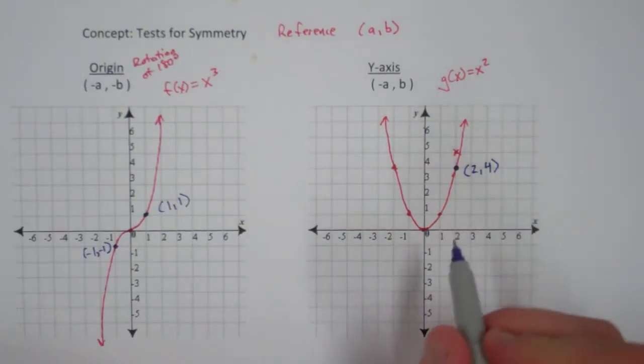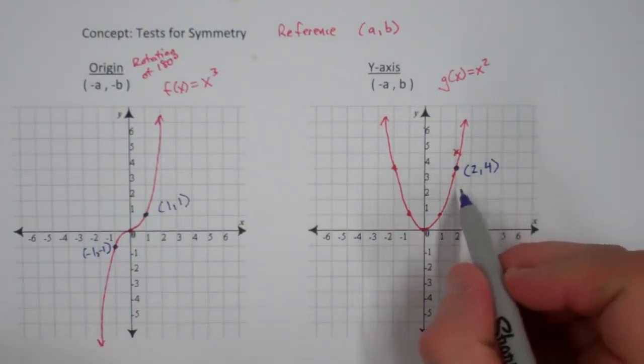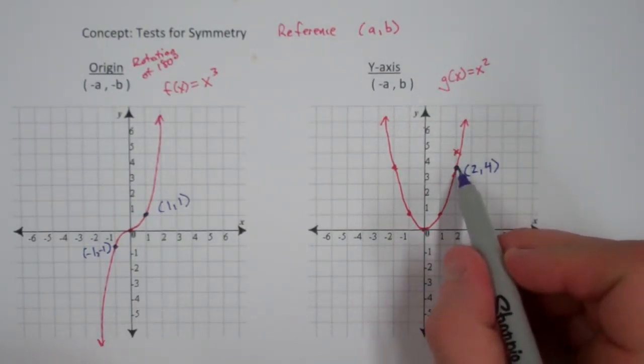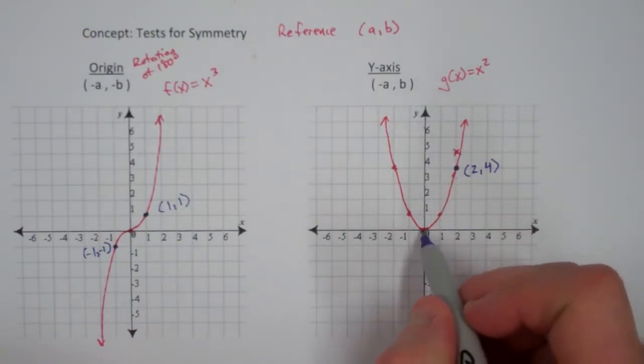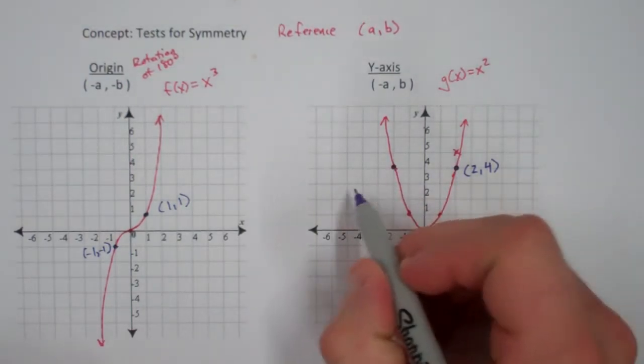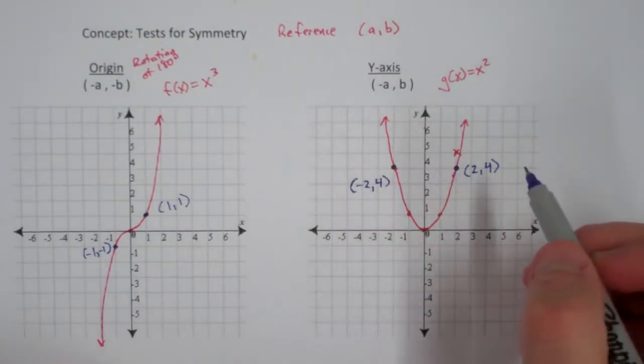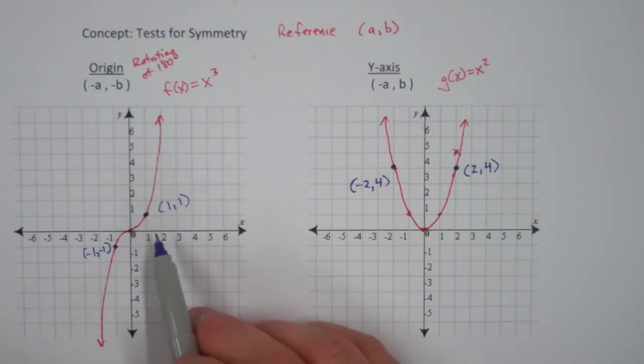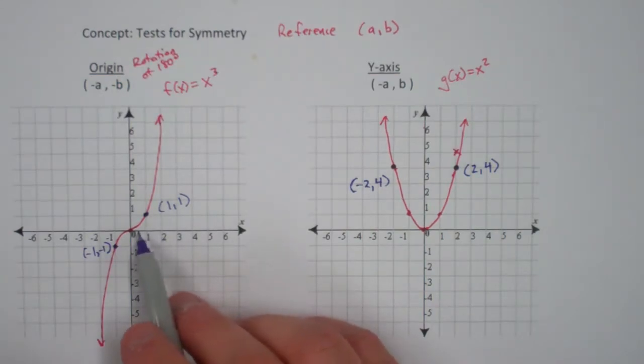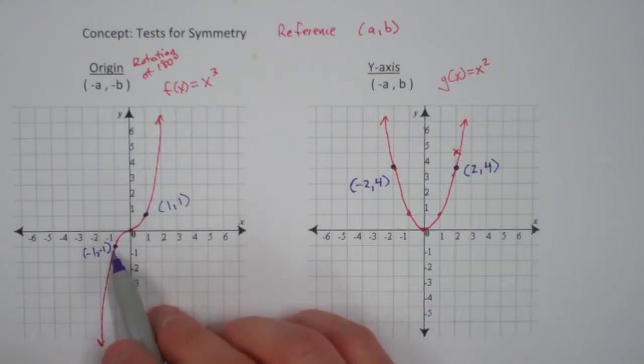And one thing we can say is that if 2, 4 is a point on the graph, and the graph is symmetric about the y-axis, then negative 2, 4 is also a point on the graph. Compare and contrast that with the rotational symmetry about the origin. Here we went right 1, up 1, and then left 1, down 1.